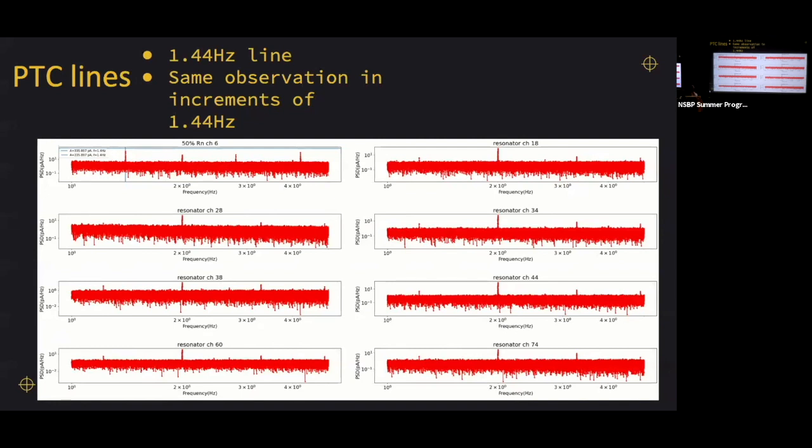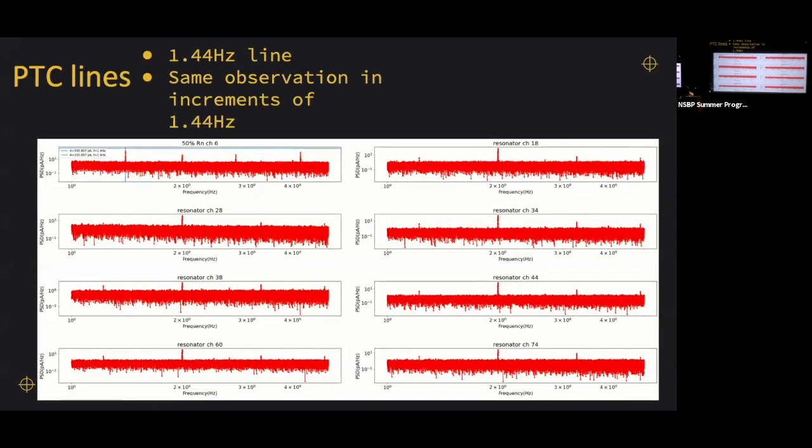I'm not sure if you can see the blue line on the first graph. This is a part of the resonators and the detectors. The frequency range is between 1 and 4 hertz. As you can see in the detectors, our algorithm picked up noise at that point, the 1.44 hertz line, but it didn't pick up anything in the resonators. So that was pretty interesting.